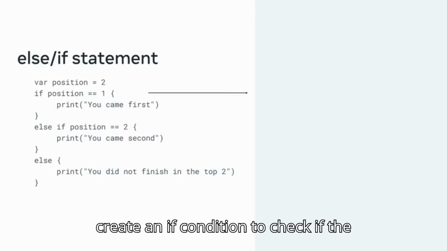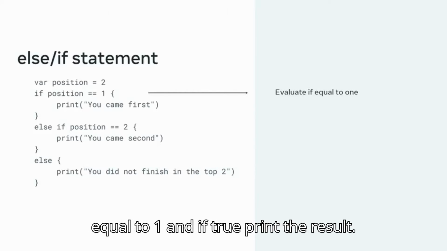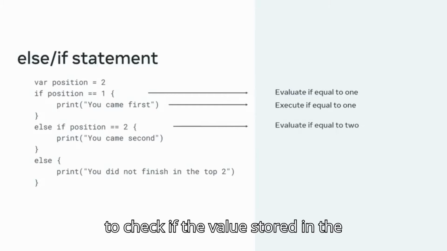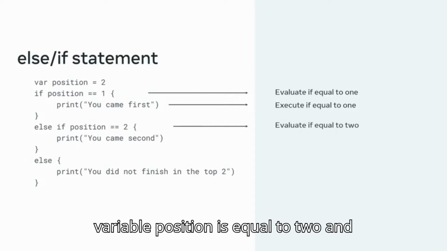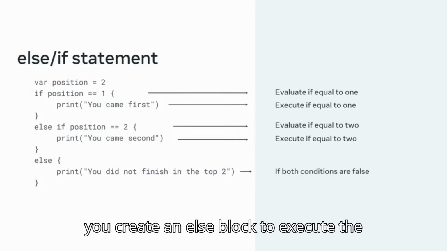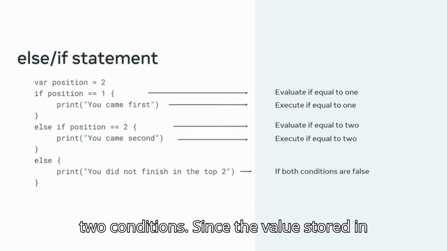First, you create an if condition to check if the value stored in the variable position is equal to 1, and if true, print the result. Second, you create an else if condition to check if the value stored in the variable position is equal to 2, and if true, print the result. Finally, you create an else block to execute the code that is not satisfied by the first two conditions.